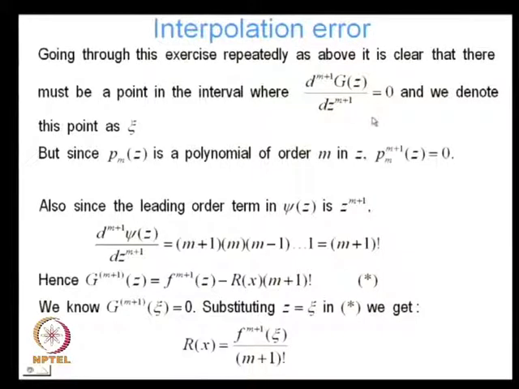We know that the polynomial p_m(z) is a polynomial of order m. So if I take the m plus 1th derivative of that polynomial, that is always equal to 0.